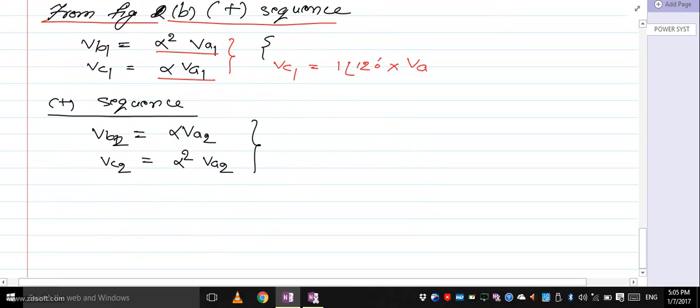Now from the above two equations, let this be 1 and let this be 2.